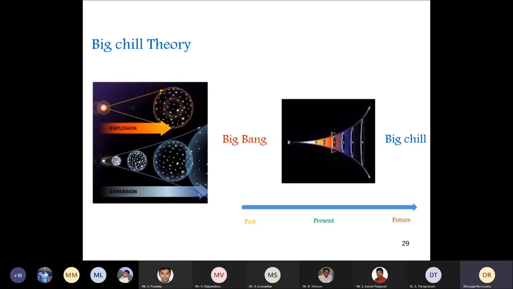Big Chill theory states that the energy available in this universe is expanding day by day. So this is called the increase in entropy. So this is called the entropy principle. So the entropy of the universe will be increasing day by day.